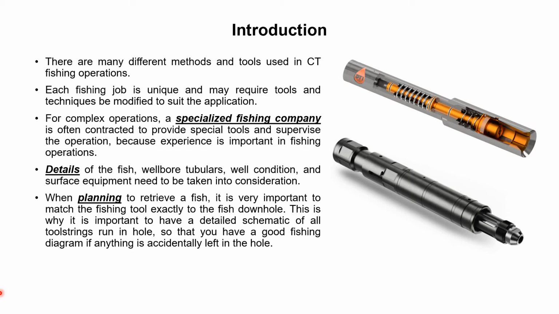Hopefully you know that when we are running any downhole tool inside the wellbore during a normal operation, it is recommended and also a requirement that the name and detailed schematic of the downhole tools must be available, so that in case of any accident, if something is left in the hole, we have the information to design the fishing job and then execute it accordingly.